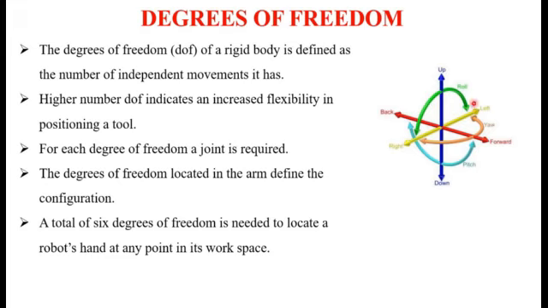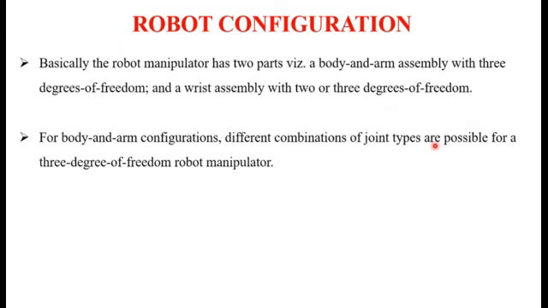There are different configurations in robots, and each degree of freedom defines a separate configuration as well. A total of 6 degrees of freedom is needed to locate a robot hand at any point in its workspace. So these are the degrees of freedom of a robot.